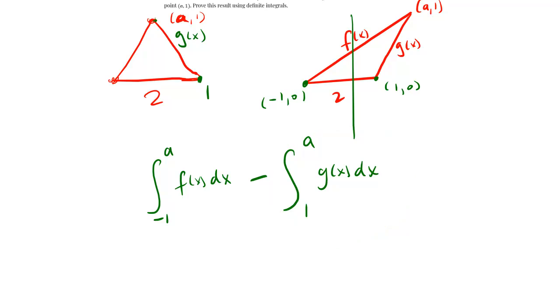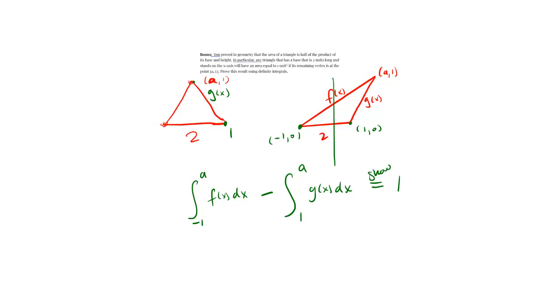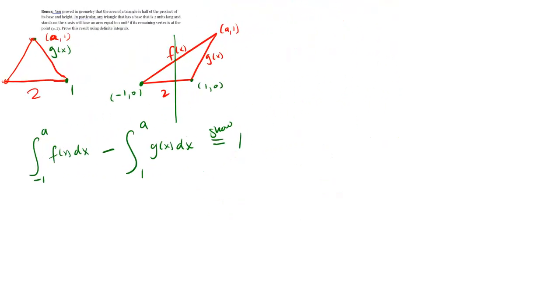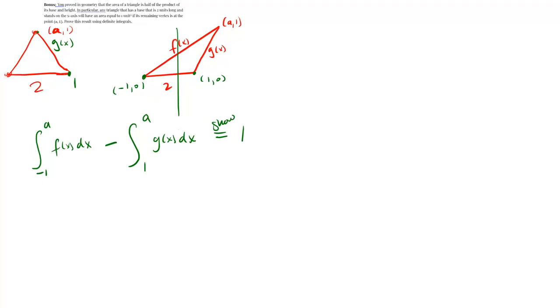So all I need to do for this one is to take this definite integral minus this one and show that that is equal to 1. And that's pretty neat. All right, so let's just do that. All we need to do is say, well, I guess we'll go over here to the left. I'll do it in blue. Let's just find the equations of your lines.